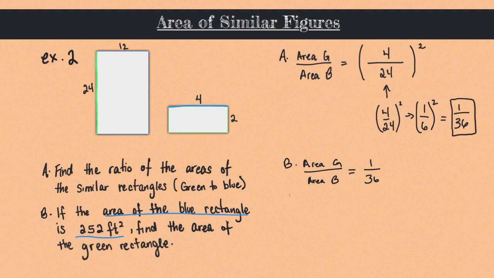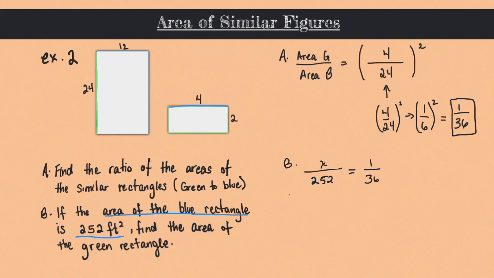So we're going to substitute that value into our equation that we are forming in part B. So the area of the blue rectangle is 252 square feet, okay? Now the area of the green rectangle, we don't know what that area is, so we're going to represent that with the variable x.